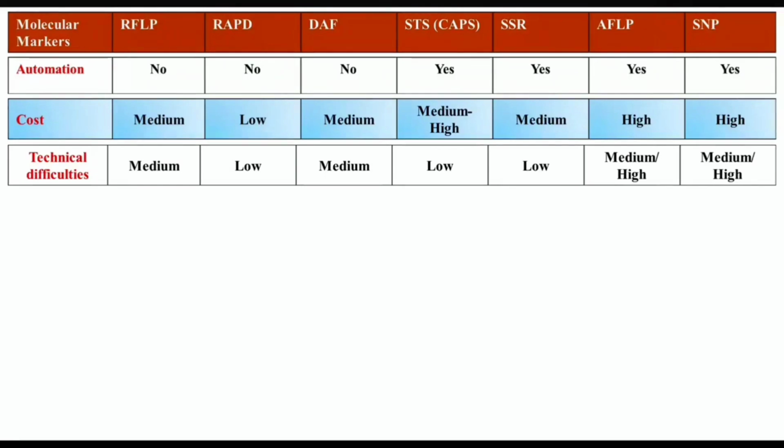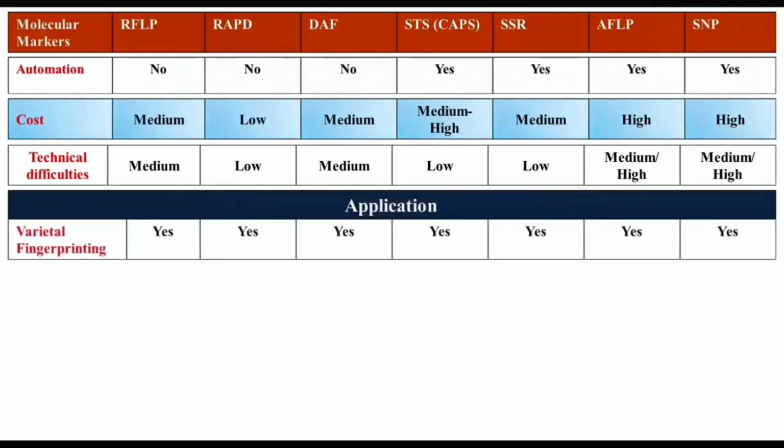Then comes technical difficulties. The technical difficulty in case of RFLP, DAF is medium, and it's low in case of RAPD, STS and SSR. And for the rest of the 2 markers, that is AFLP and SNP, it's medium or else high.